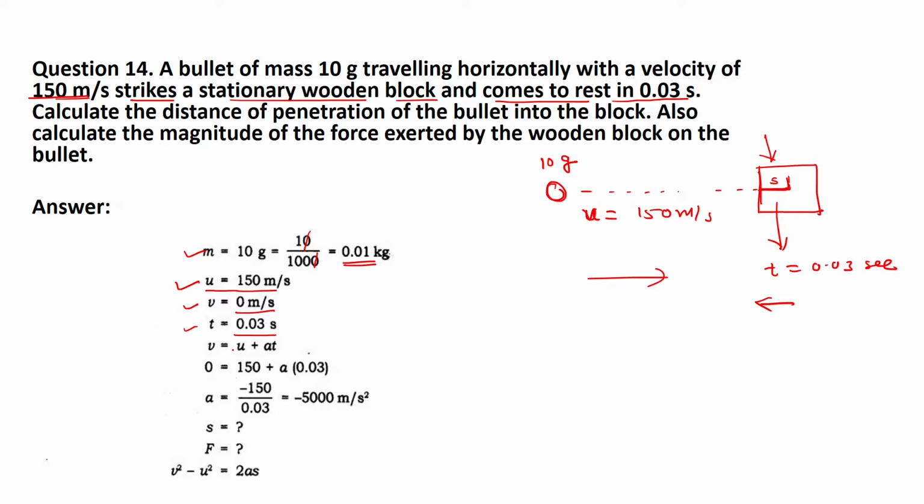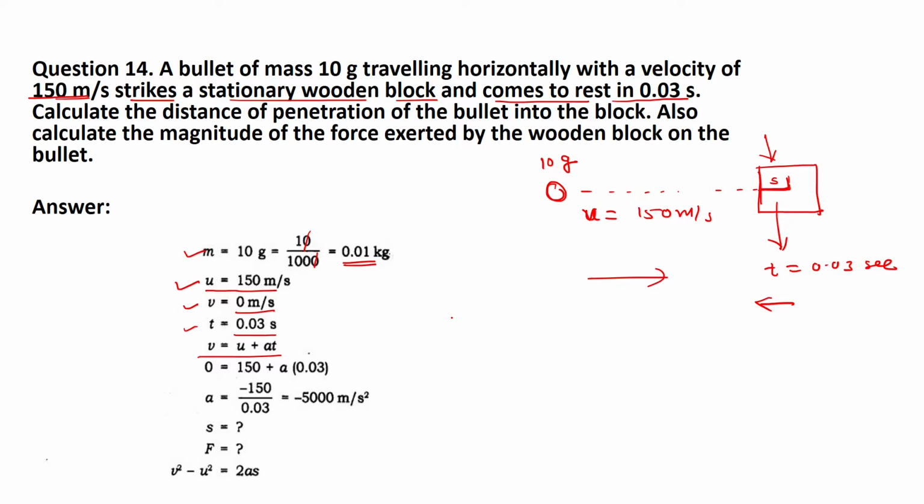Again I am saying, we have 3 kinematical equations, and which equation we use depends on what values are given. So here the final velocity is 0, initial velocity is 150, and acceleration times the given time interval of the penetration, that is 0.03 second.